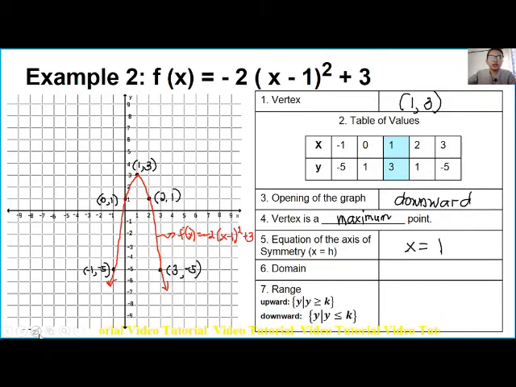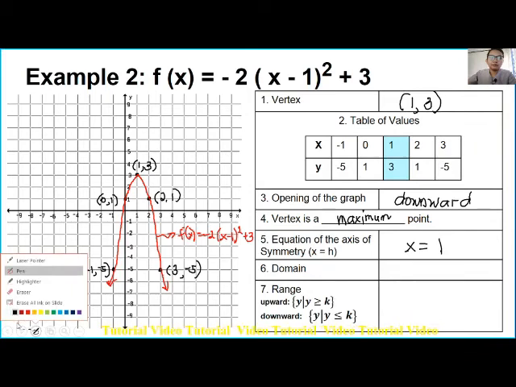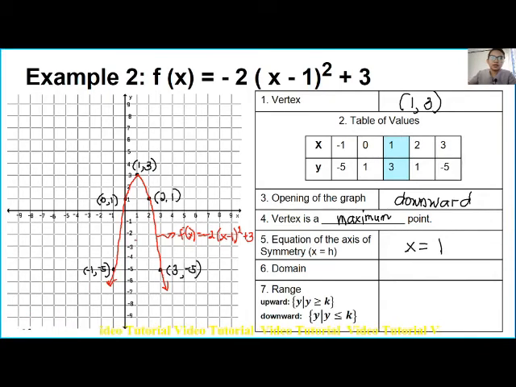And then we can still draw on our graph. Let us have the broken lines passing through +1. That's why the equation of its axis of symmetry is x equals 1. You may choose to extend your line.